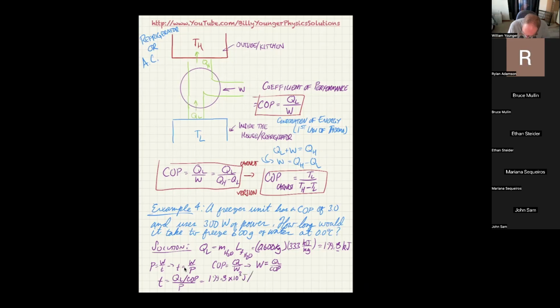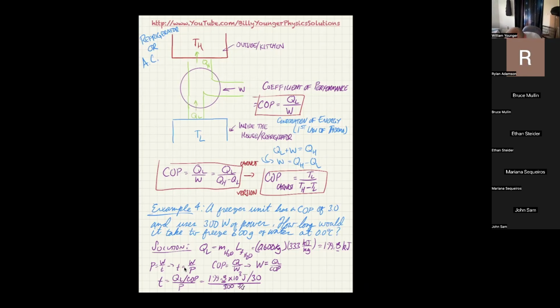joules, divided by 3.0, the coefficient of performance. And all that is going to be divided by the power, which is 300 joules per second, again treating that as 3 sig figs.